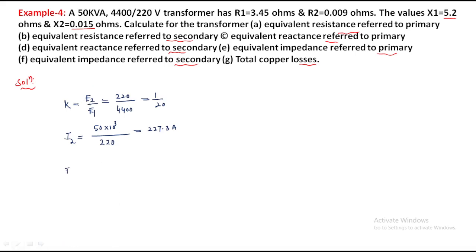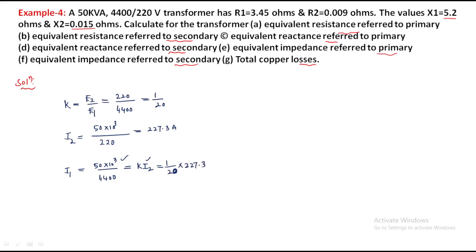Next, we have to calculate I1. You can calculate 50 into 10 cube by 4400, or you can calculate K into I2, which is 1 by 20 into 227.3.